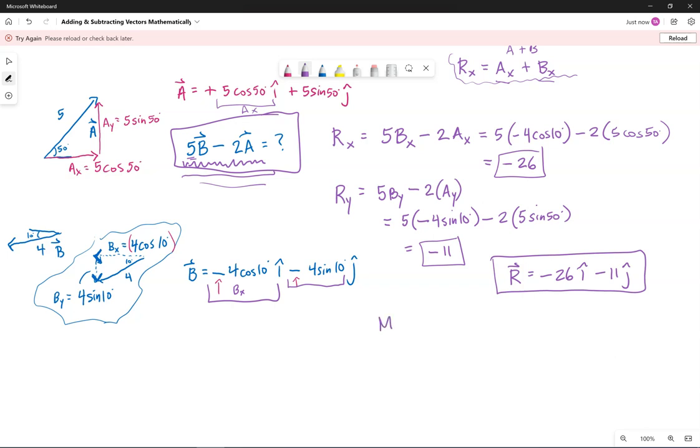But had we been asked for the magnitude and direction of this resulting vector, we're not done. So I recommend always drawing what we mean by that result. To the left by 26 and down, so we start where we ended, down by 11. This is what vector R, the resulting vector, looks like.